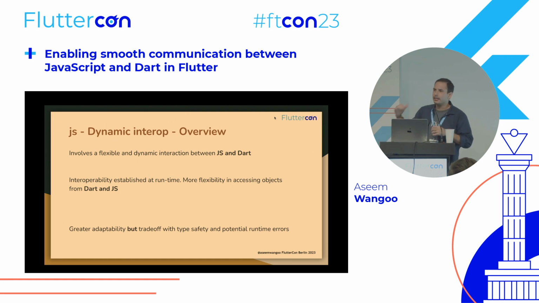And this interop is established at runtime, meaning we may or may not get errors when we want to see them during our development workflow. Since this interop is established at runtime, it is more flexible and more adaptable, but the trade-off is that there is no type safety or the goodies we want from compile-time checking.